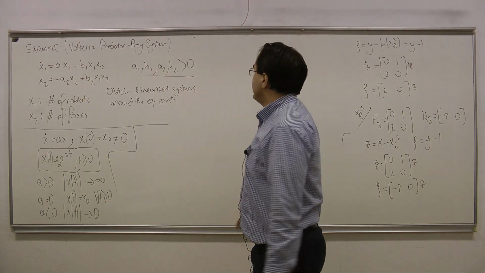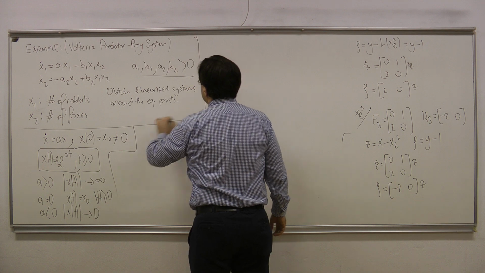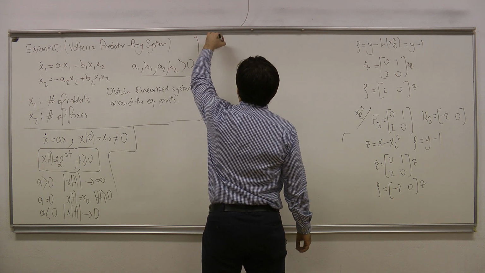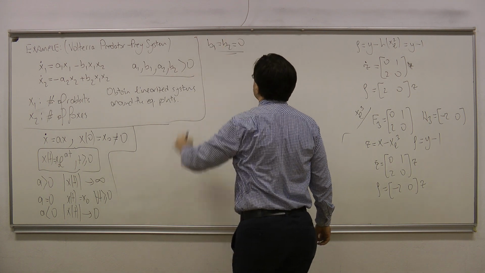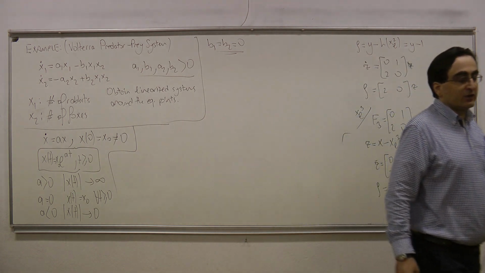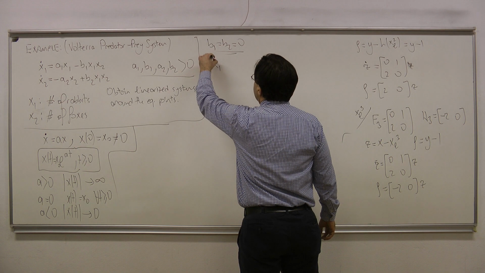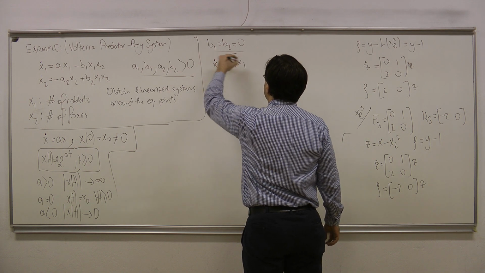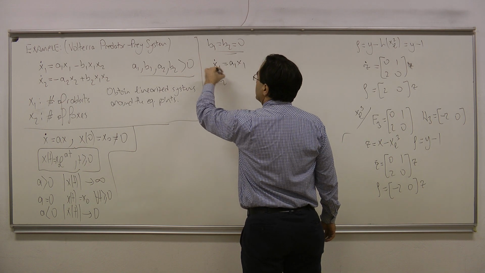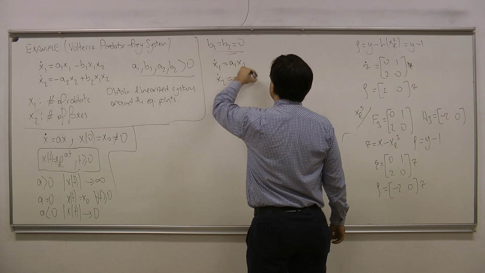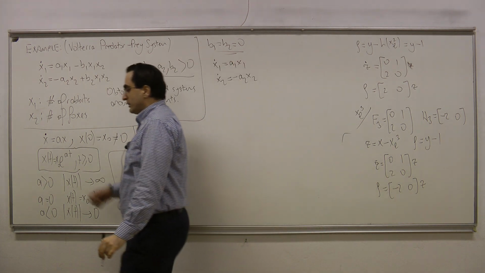But I am here looking at a hypothetical situation where both B1 and B2 are equal to 0. Okay? Suppose that these are equal to 0. In that case, what would these dynamics mean? x1 dot is equal to a1 x1, and x2 dot is equal to minus a2 x2.